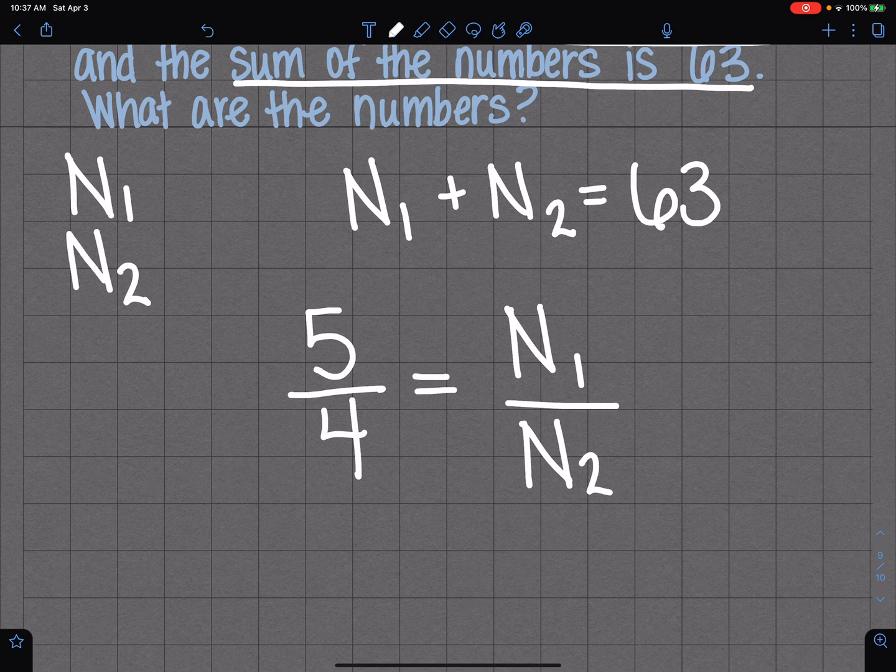Now, it doesn't really matter. These are interchangeable depending on how you defined it. You can call them X and Y. 1 and 2 sort of implies an order, but there's not really one, because it just says they're two numbers. So we don't know which one is bigger, but these are basically the two equations.